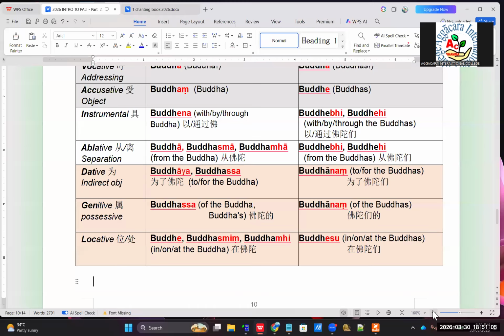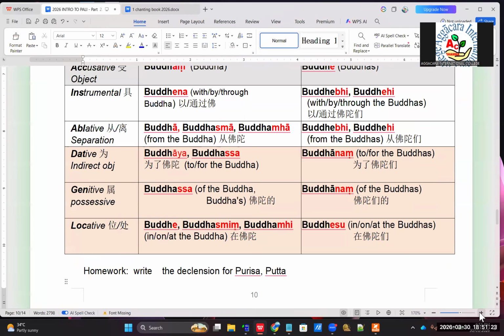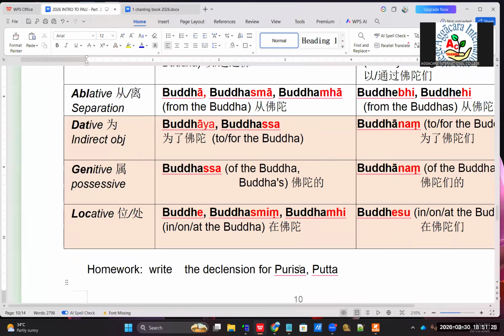So your homework task: you can write the declension for Purisa, Buddha. As long as it's ending with A, Purisa or Putta, or anything.